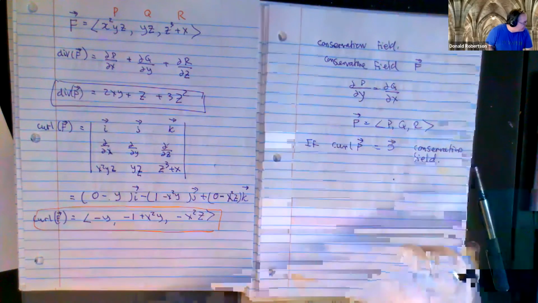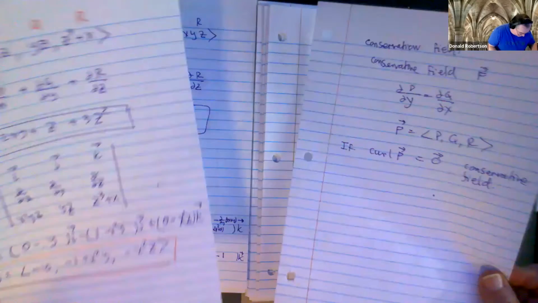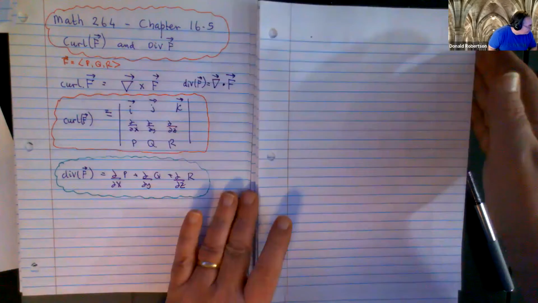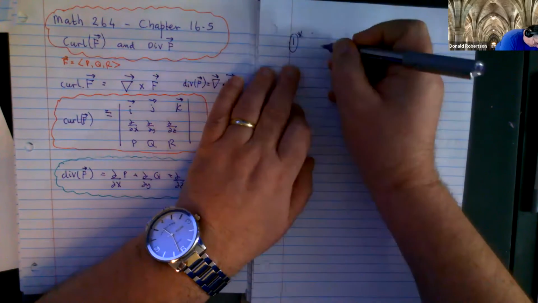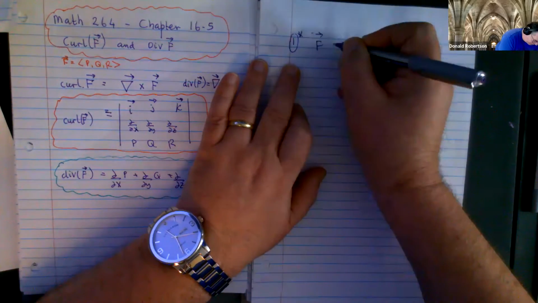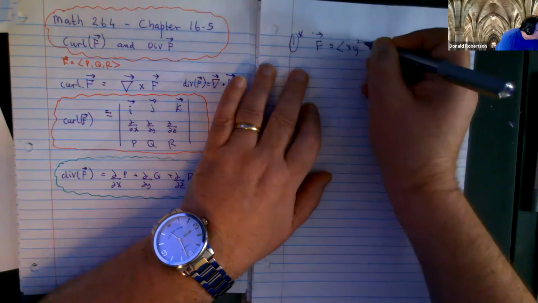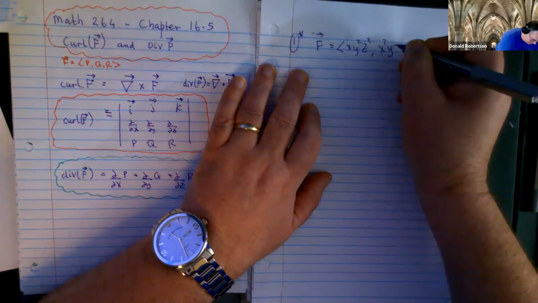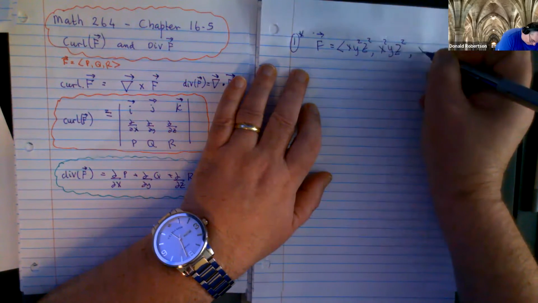So the questions that we're going to deal with are find curls and divs, and occasionally, at least for today, after we find curls and divs, to see whether something is a conservative field or not. So here is our first question. Our vector field F is described as x y squared z squared, comma, x squared y z squared, comma, x squared y squared z.